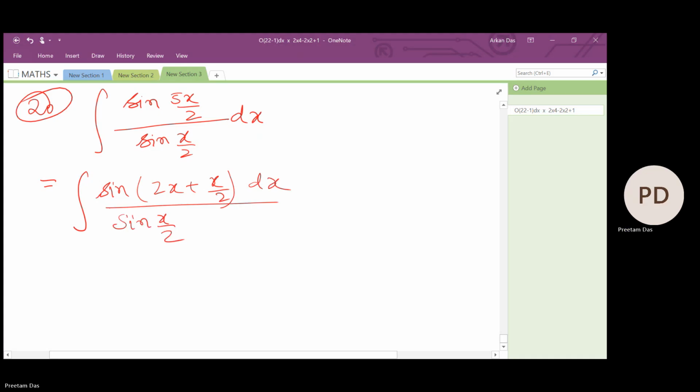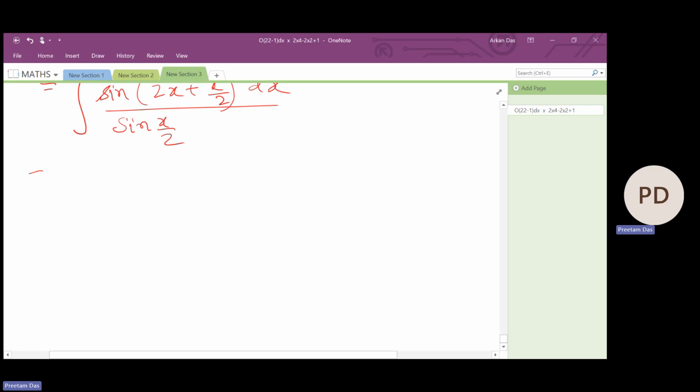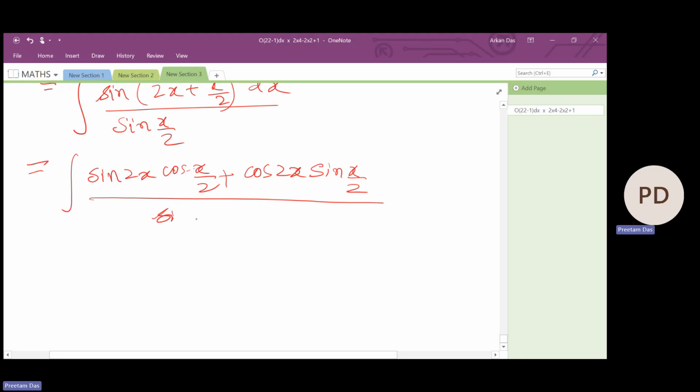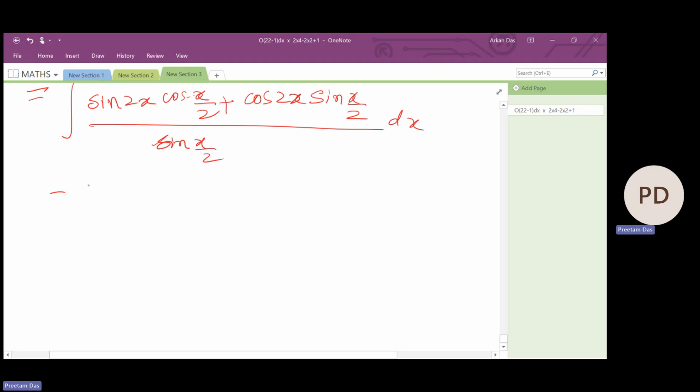So that numerator we can write as sine of (2x plus x by 2), which is sine 2x cos x by 2 plus cos 2x sine x by 2, divided by sine x by 2, dx. Now what do you have to do? Express as two separate integrals in this case. So sine 2x I can write as 2 sine x cos x.